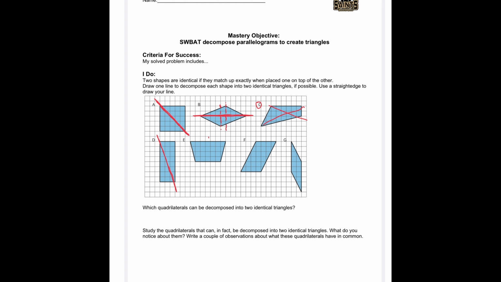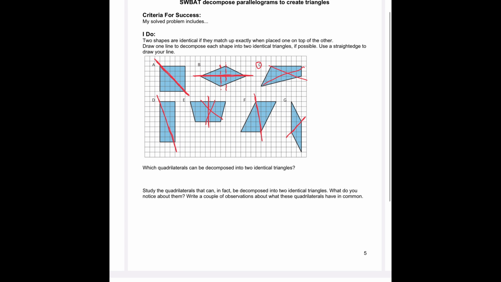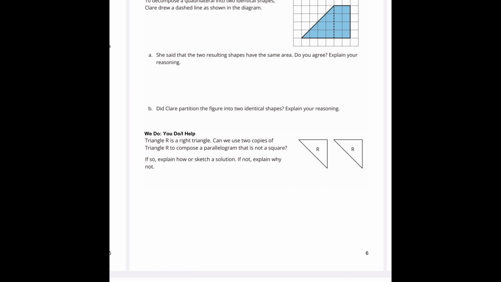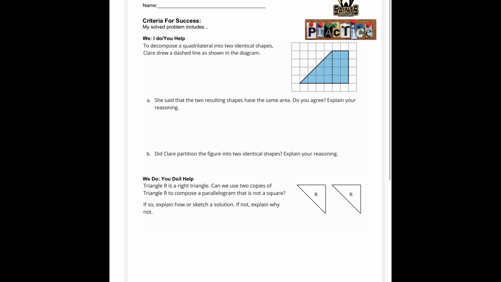Now, this one I can get into a shape where it's cut in half for sure, but that isn't a triangle. There's no way to cut this one into 2 congruent triangles. So we're going to say no on that one. F, there's my congruent triangles. And then G, here we go, some congruent triangles. Okay. And I also wanted to show this we do here because it's a little bit different.